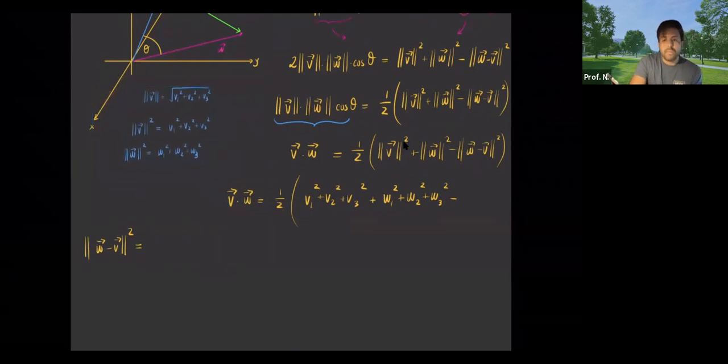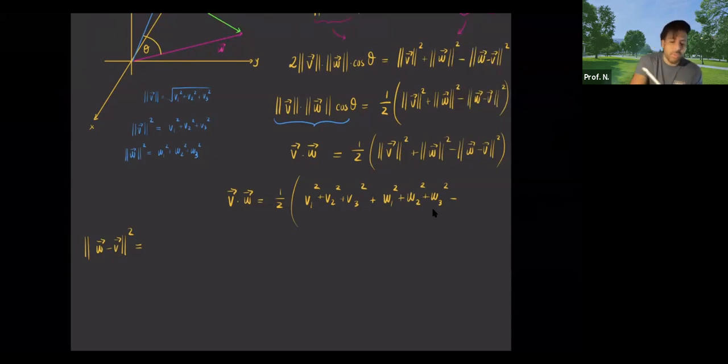So what is that, guys? What is W minus V squared? It's W1 plus W2 plus W3 minus V1 minus V2 minus V3.